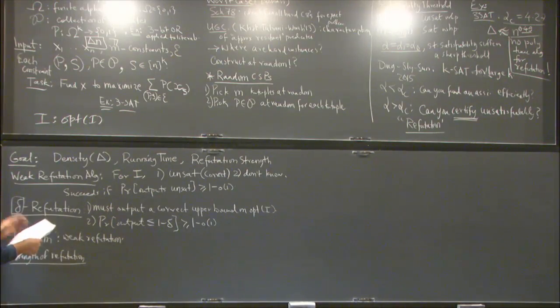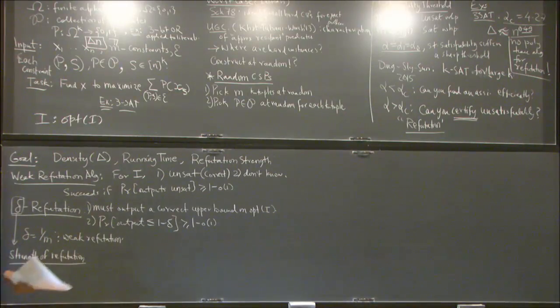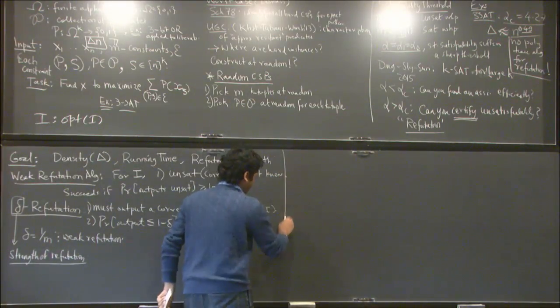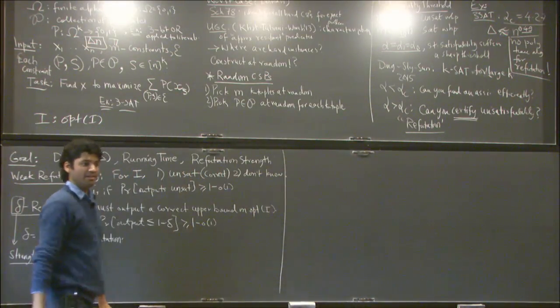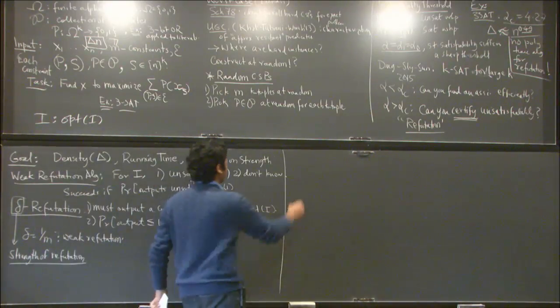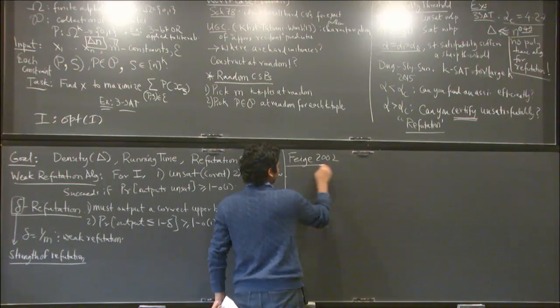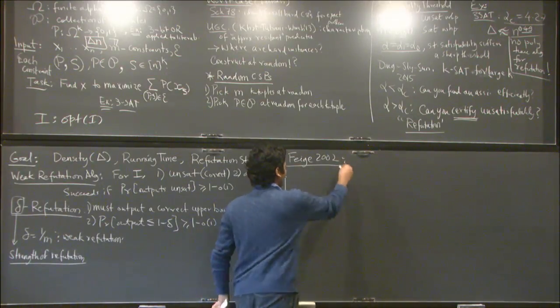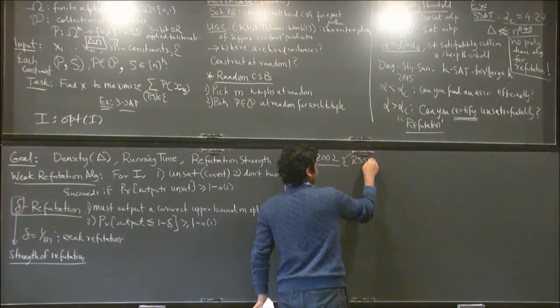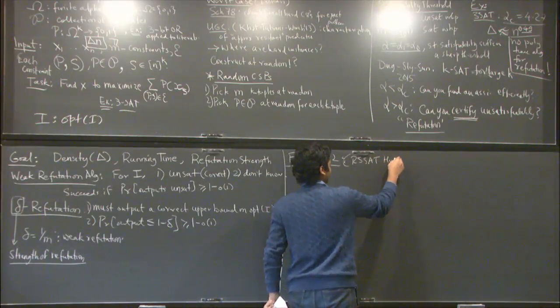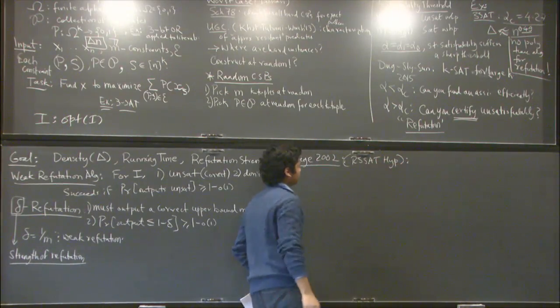Okay, great. So let's make use of these definitions. One main reason to care about it was given by Feige in 2002, and this is called the R3-SAT hypothesis.